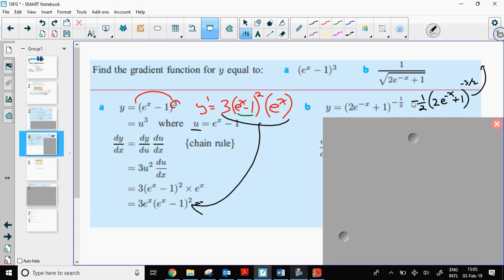I'm going to multiply this whole thing by the derivative of that inside piece, which is going to be 2 times e to the negative x. Oh my gosh, I need to use the chain rule again because the derivative of negative x is negative 1. So there's a double chain rule here, right?